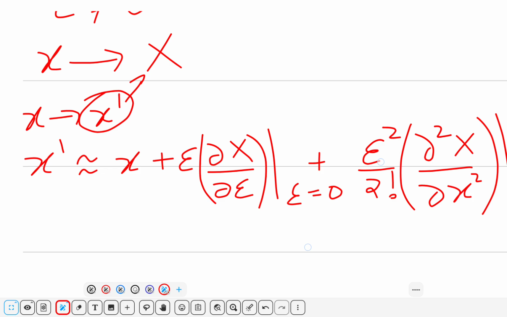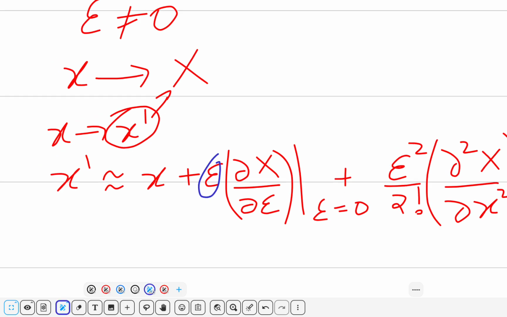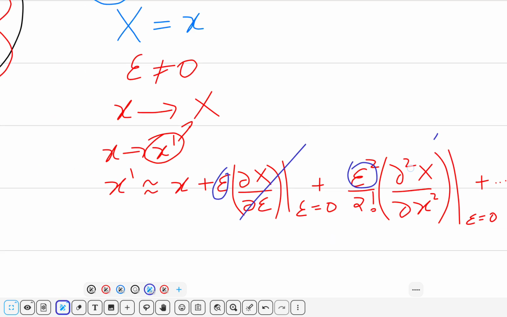Now as you can see, when epsilon, this small thing, is 0, all of this just vanishes and you are left with your initial coordinate.